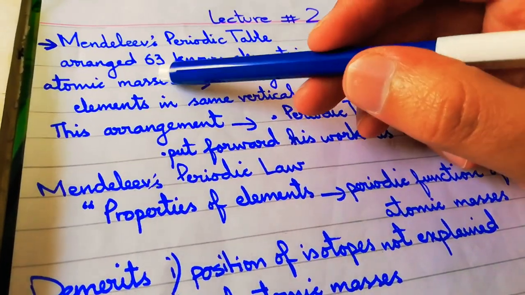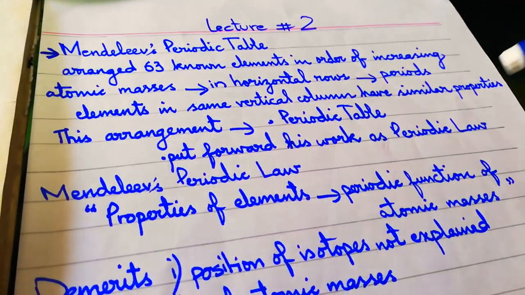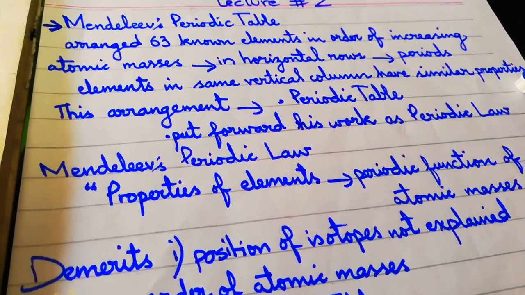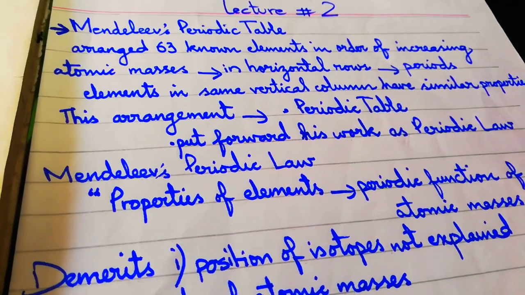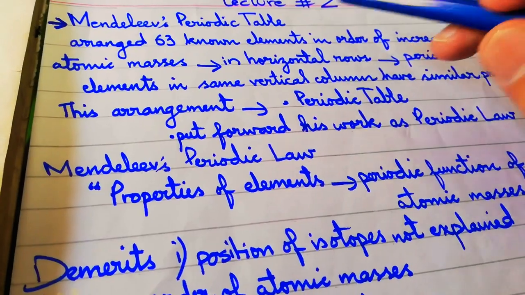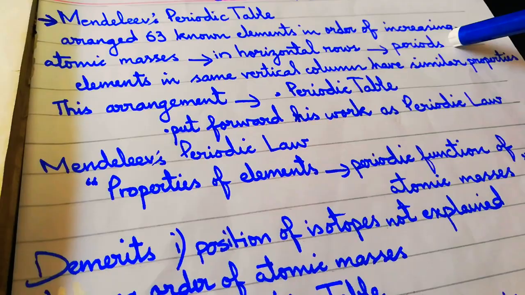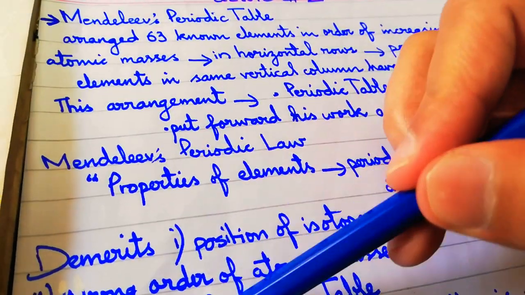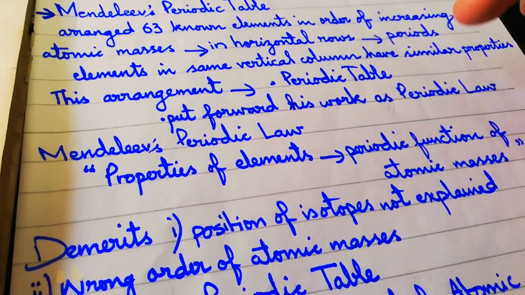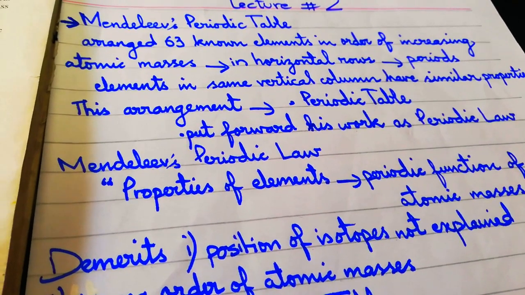Those elements which appear in the same column have similar properties. Again, I am going to repeat: Mendeleev arranged the 63 known elements in the order of increasing atomic masses in horizontal rows called periods, in such a way that the elements that appear in the same column have the same chemical properties. This arrangement was given the name of the periodic table by Mendeleev.